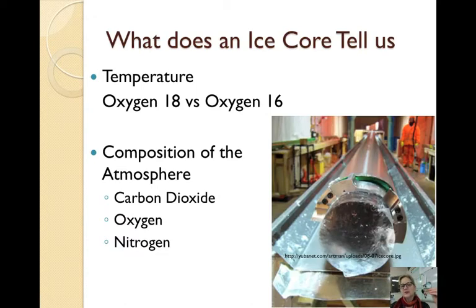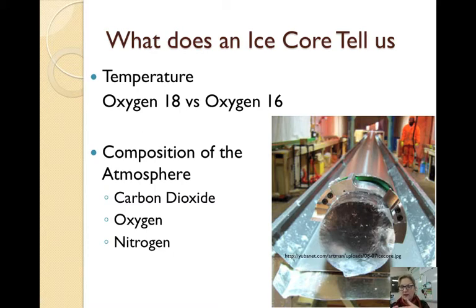So there are 2 things they talk about in this. We can find out temperature depending on how much oxygen 18 isotope or oxygen 16 isotope is in the ice core. It tells us whether it's hotter or colder. It can also tell us, if we take those little air bubbles, they can actually remove the air from there.